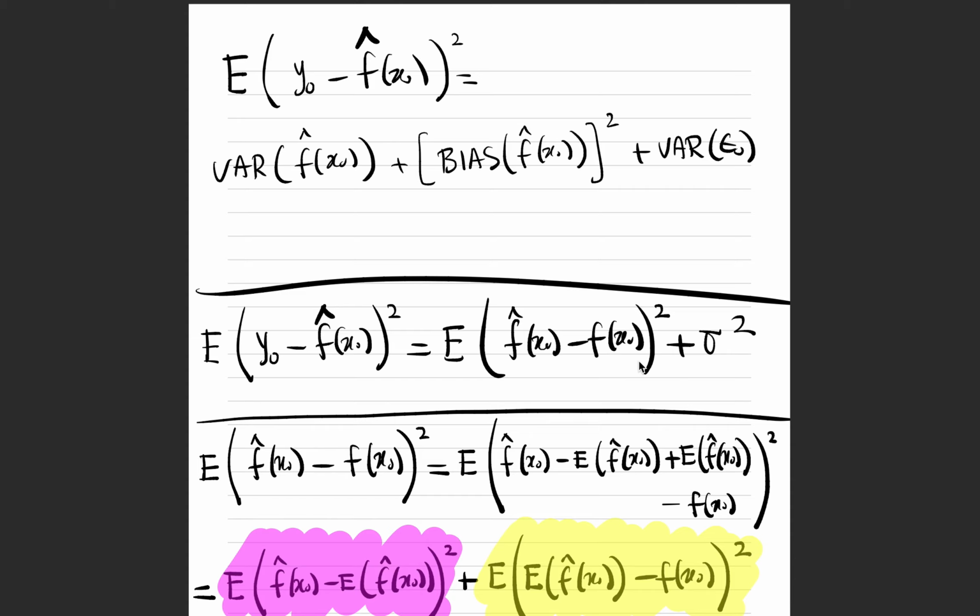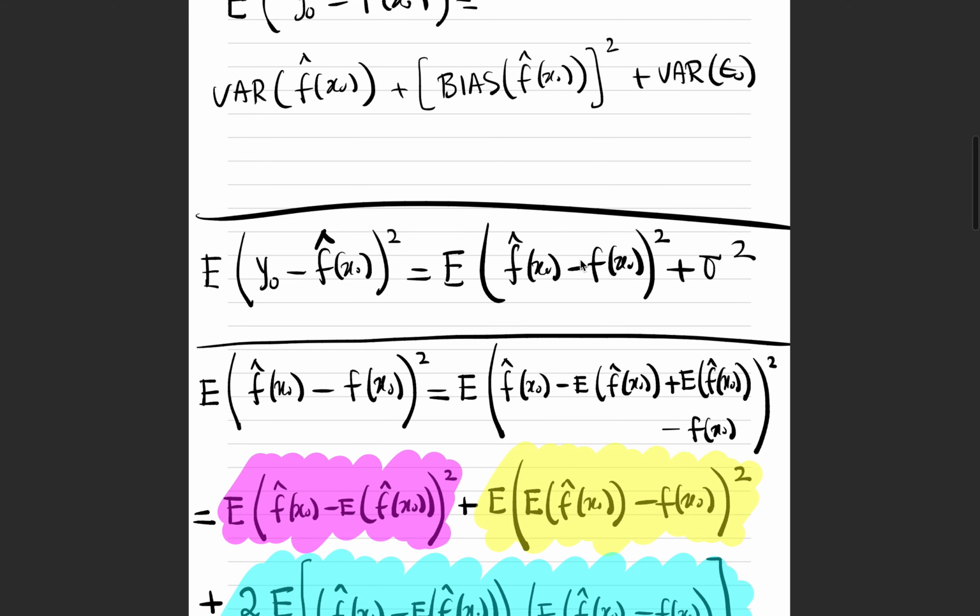And in order to do that, I use a trick. The trick is to add and subtract inside a constant, and that constant happens to be the expected value of f hat. Since it is the expected value of something, it is a constant.